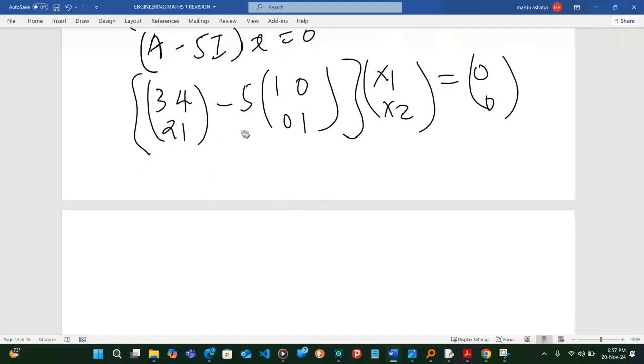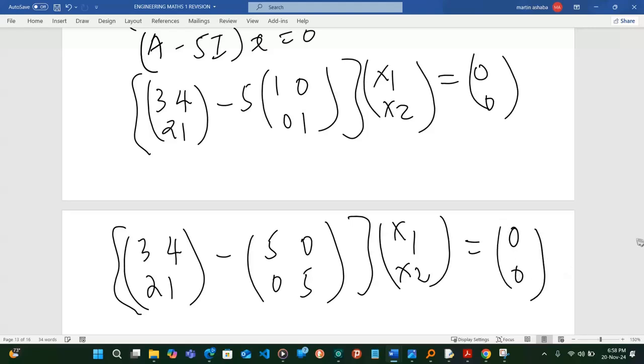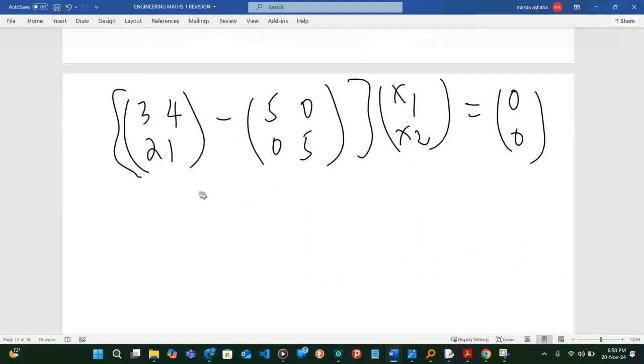So we go forward, we say we have to multiply this together, so we have 3, 4, 2, 1, minus this is 5, 0, 0, 5, because this 5 multiplies throughout, and we have x1, x2, this is equal to 0, 0. So we proceed, so 3 minus 5, we get -2, 4 minus 0, we get 4, 2 minus 0, we get 2, 1 minus 5, we get -4.